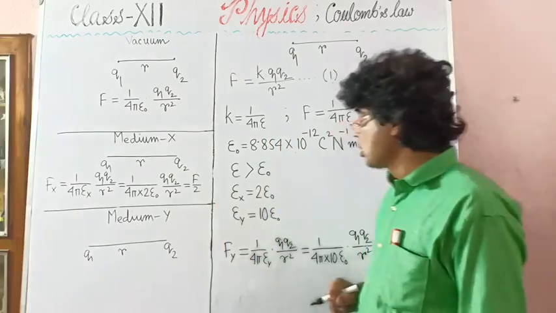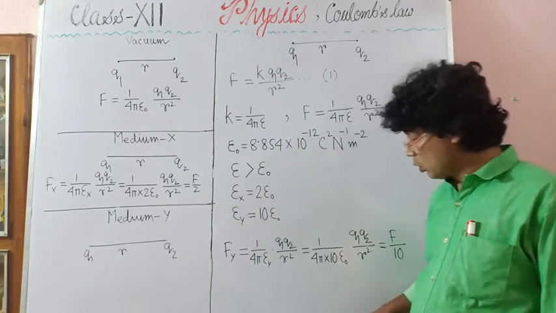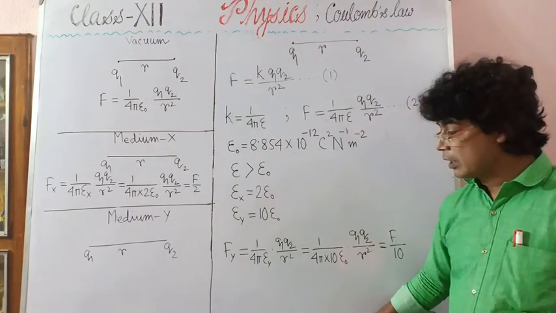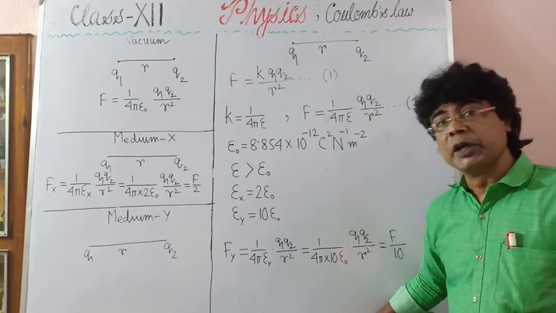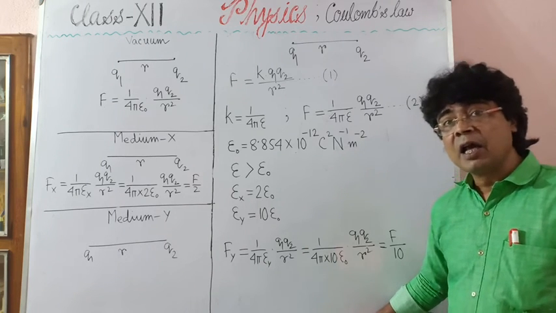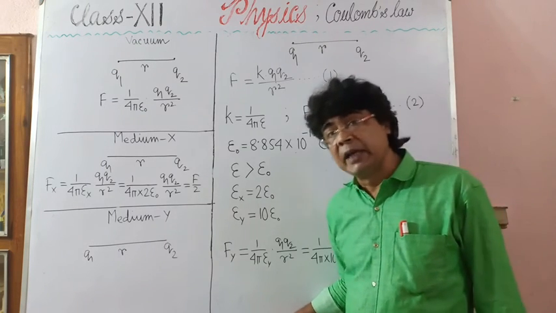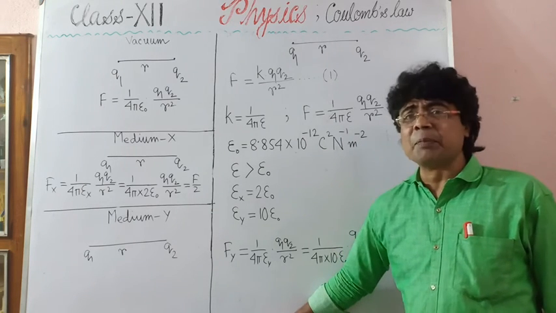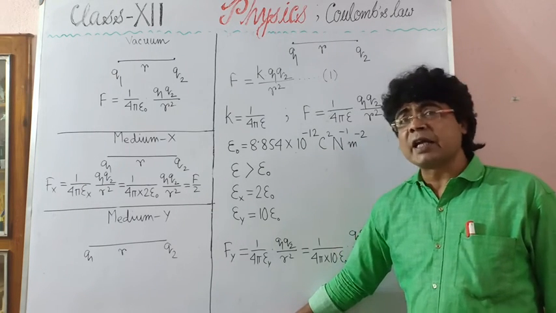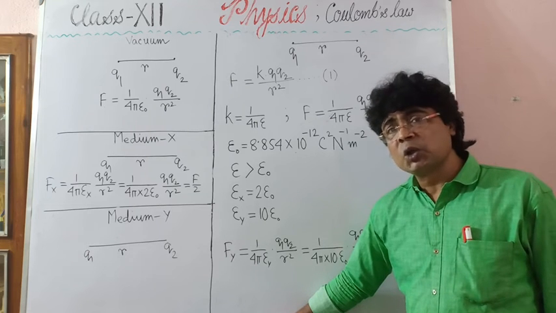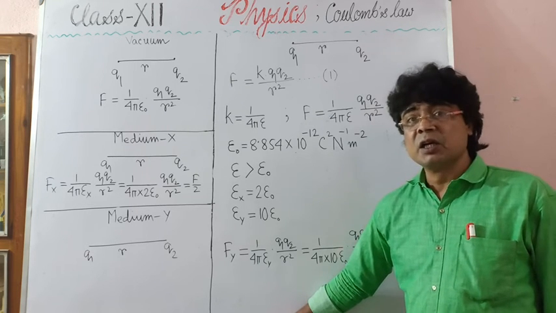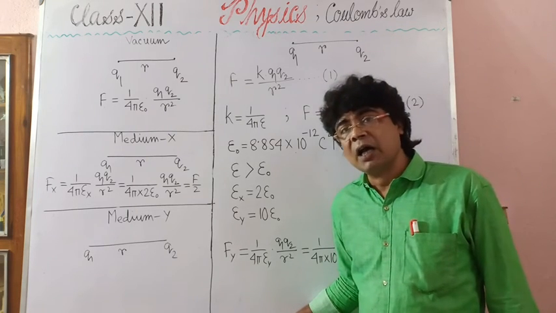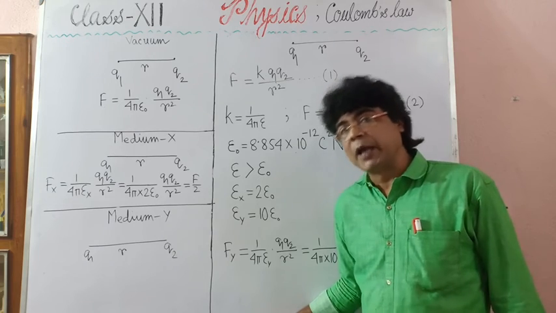So, we can say a medium with high absolute permittivity reduces appreciably the electrostatic force between the 2 point charges compared with the vacuum value.